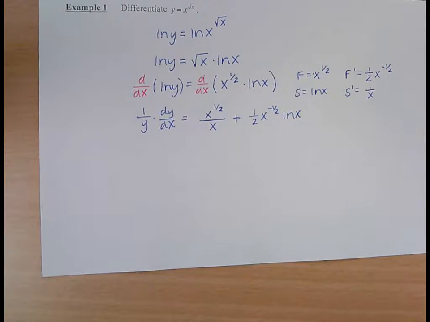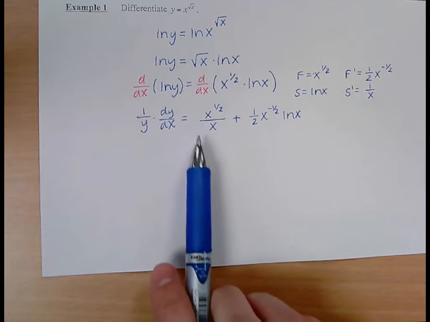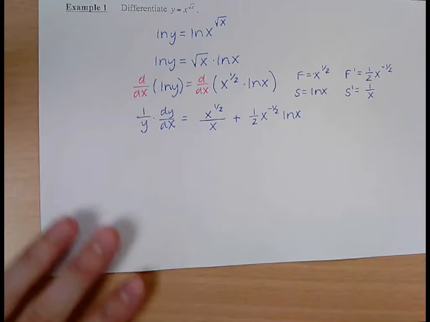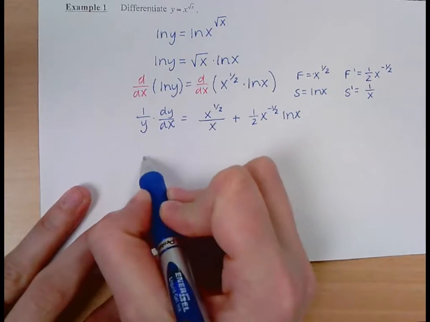Okay, now typically what I'll do here, and this is up to you how far you want to go with simplifying, is simplify the right side if I can. So just rewrite it to make it look a little nicer.